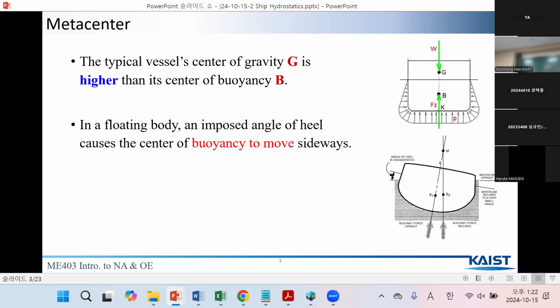If there is a massive movement of cargo due to some motion, then G should be noticeably changed, but not so much as this change. So usually we assume that G is staying there, its position is fixed, even though I'm moving, it is negligible. But B is moving every time.